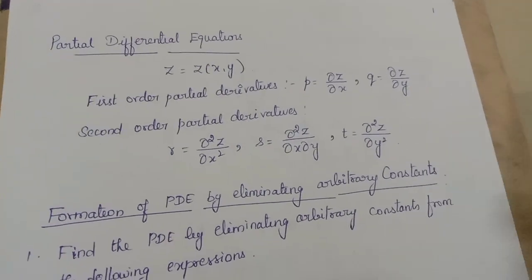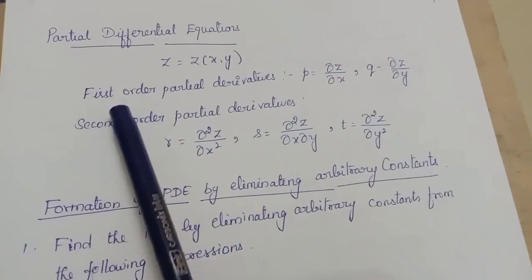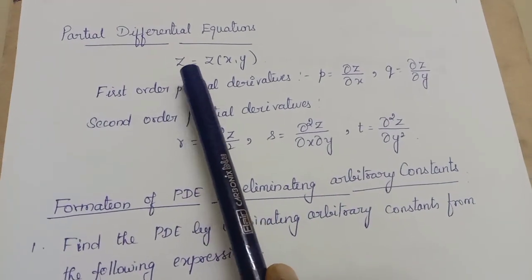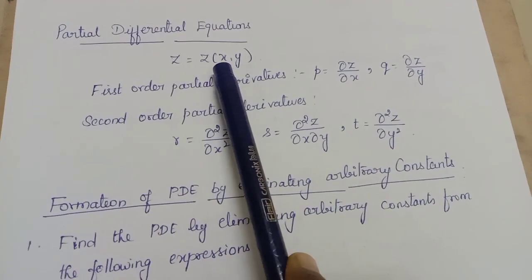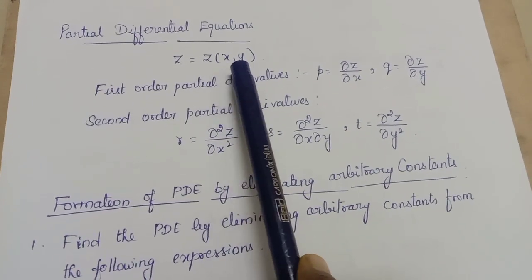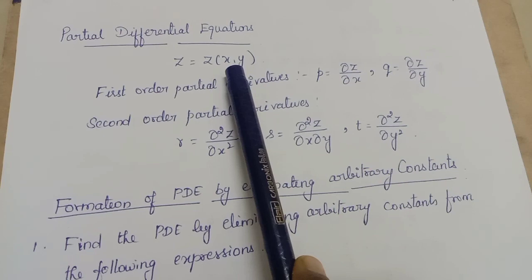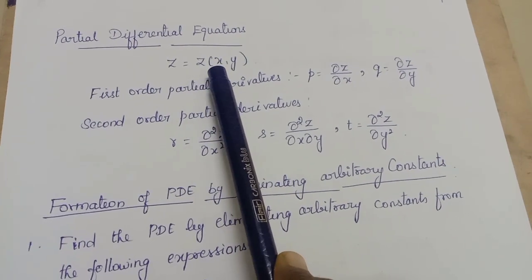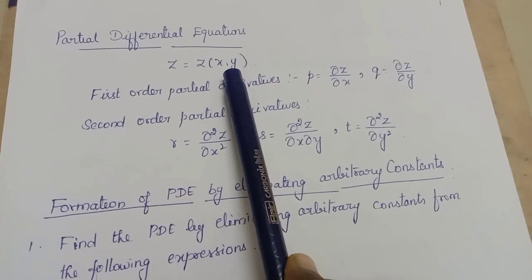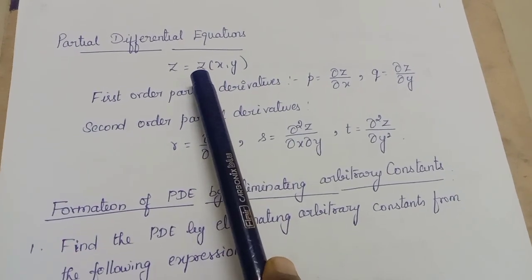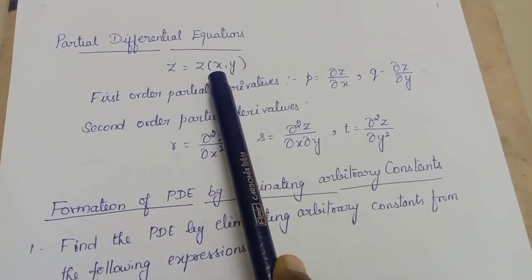Okay, first let's start with a partial differential equation. Suppose we have a function z which is dependent on two variables x and y. Then the value of z varies when x varies and also when y varies. Suppose I want to find the rate of change of z with respect to x.